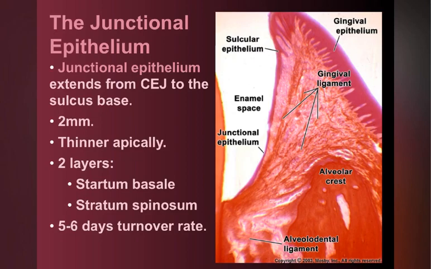The basal layer is toward the lamina propria of the gingiva, and the stratum spinosum will be toward the enamel of the tooth. It has a 5 to 6 day turnover rate.